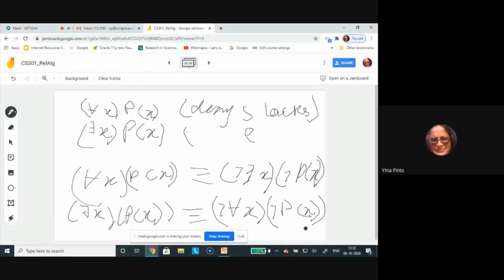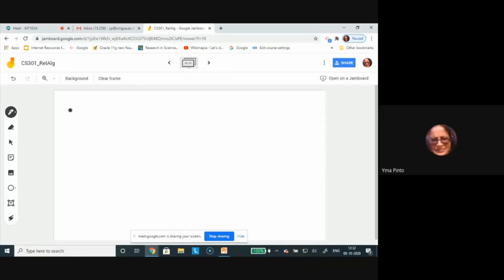Now, let's look at something more. If I say all men are mortal, the first way I interpreted it was P of X implies M of X. That means if X is a person, then he is mortal. But now, since I know quantifiers, I'll say all men are mortal can be written as for all x, P of x implies M of x.